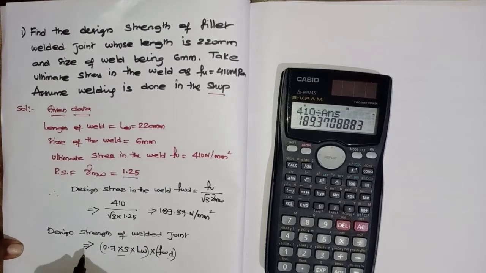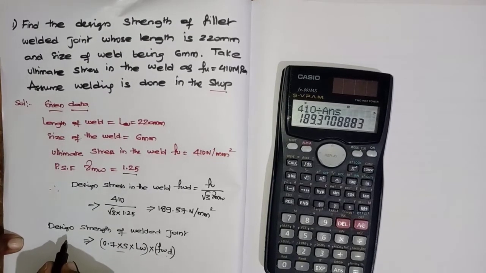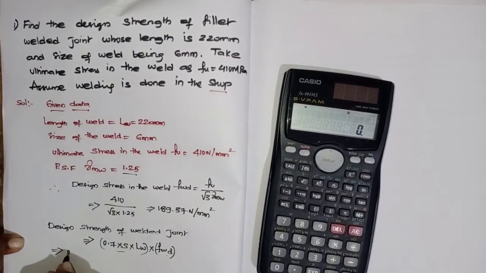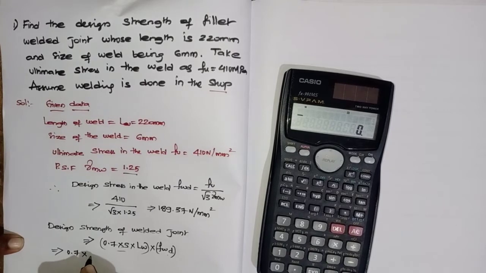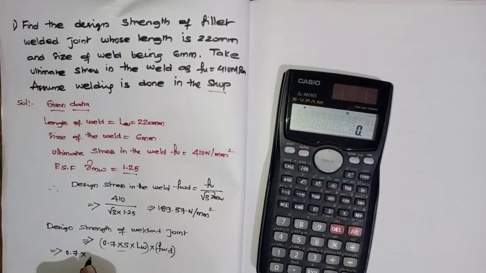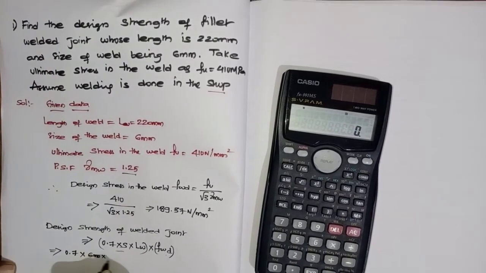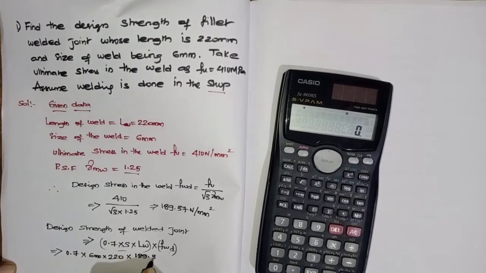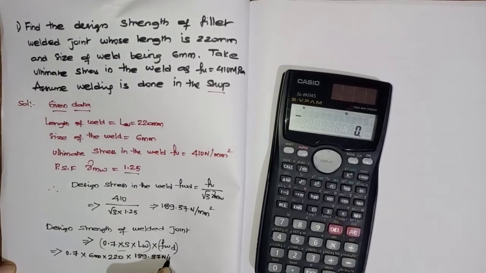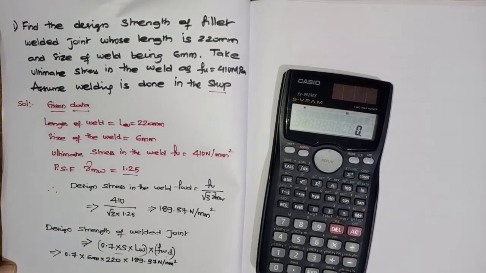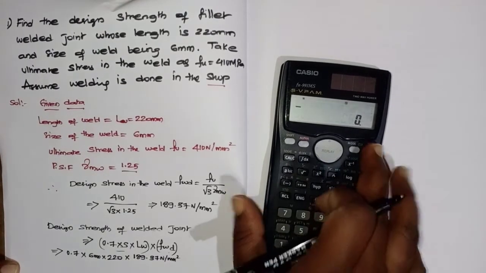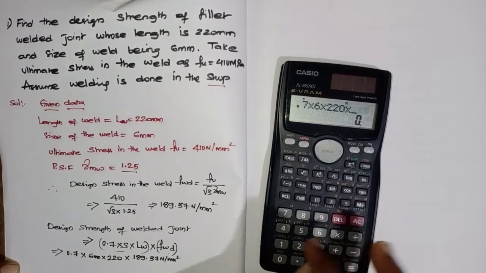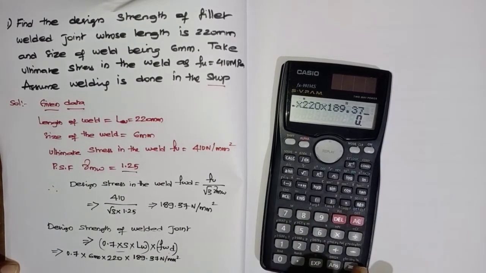Okay, which is equals to, if I substitute here 0.7 into, what is S? S is given as 6 mm. Sorry, 220 is the effective length, and stress what we have calculated is, okay, now if I solve this one, 0.7 into 6 into 220 into 189.37.